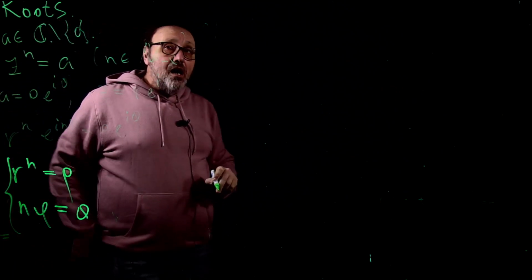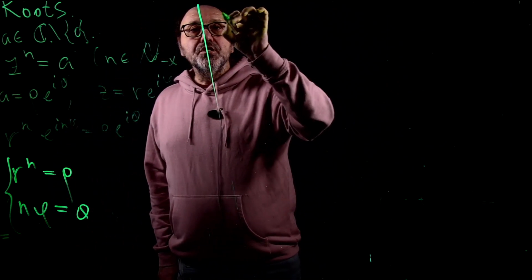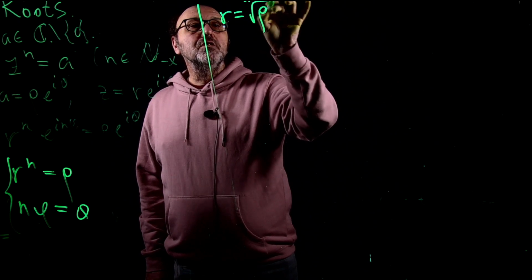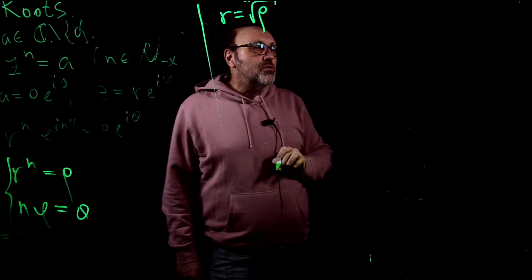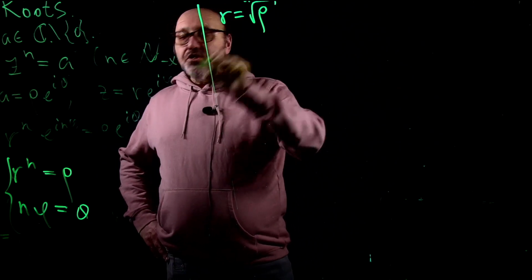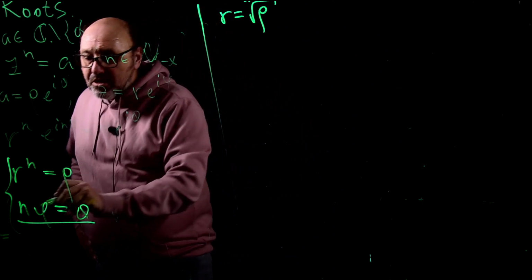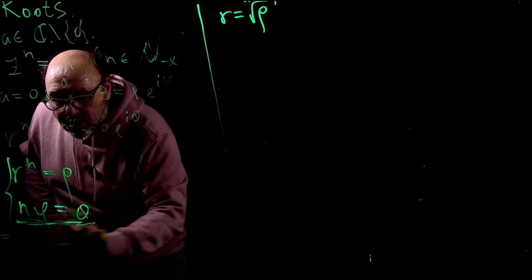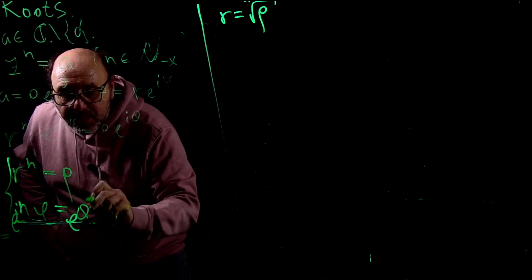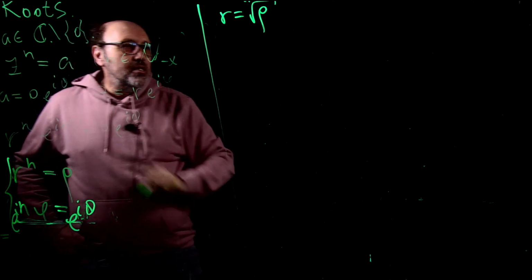But r is just a real non-negative number, so this means that r is equal to the usual real root of degree n of rho. I forgot to mention here that this is the equality of the exponential of this and the exponential of that. I'm sorry about this.